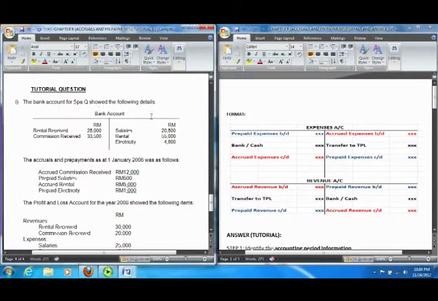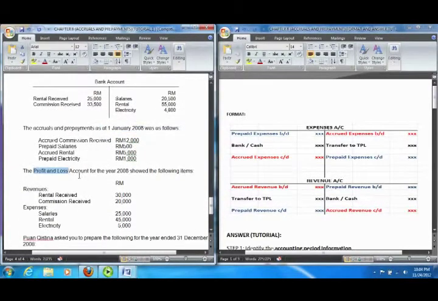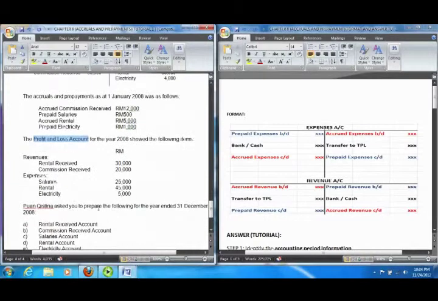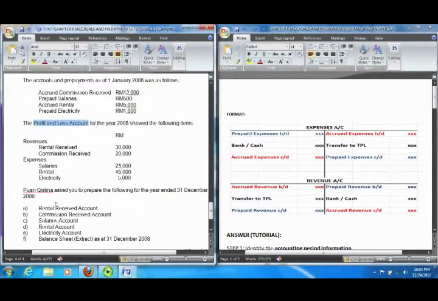This question gives you the bank amount. Next, what is this, class? 1st January 2008. Yes, this is the amount of your BD. How about the profit and loss account? Correct, it is the income statement amount. And this is the amount Puan Christina asked you to prepare for the year ended 31st December 2008.